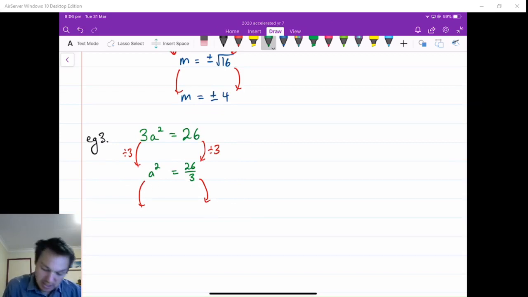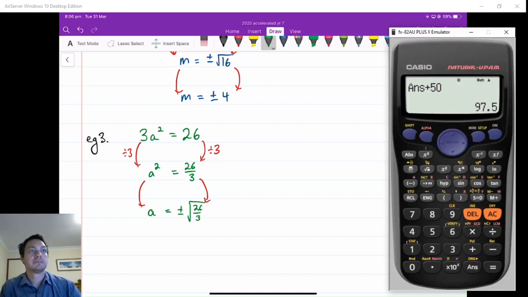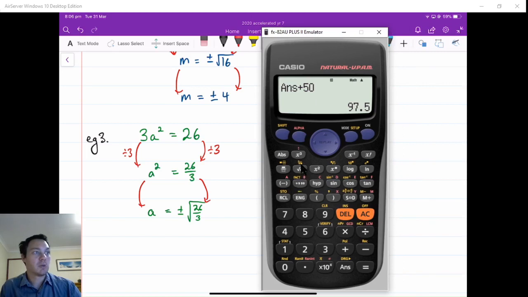So straight away here I'm going to say a is equal to plus or minus the square root of 26 over 3. Okay, so I get my calculator. Let me pull this calculator up here. There we go. And I just say the square root of 26 over 3.